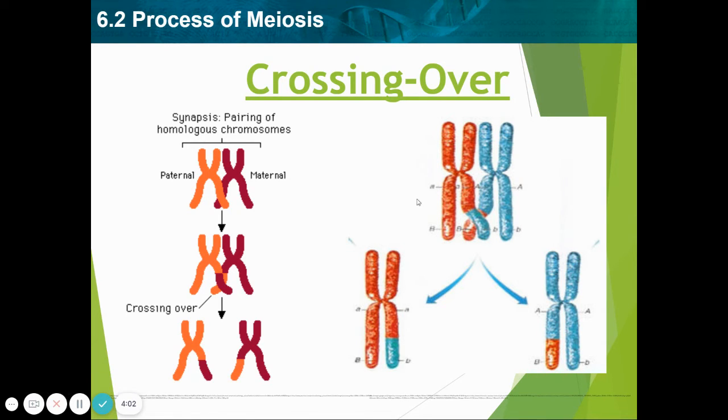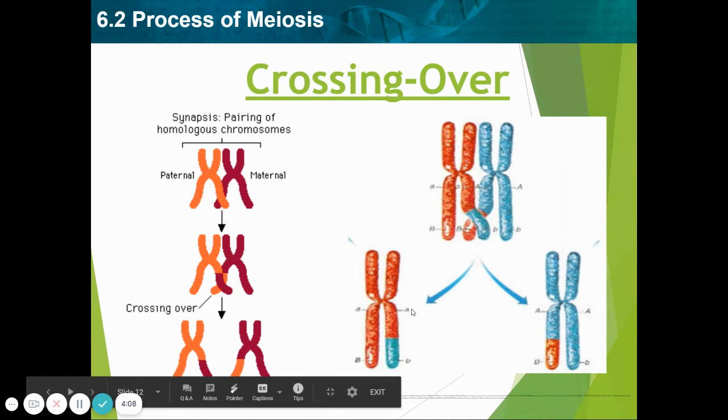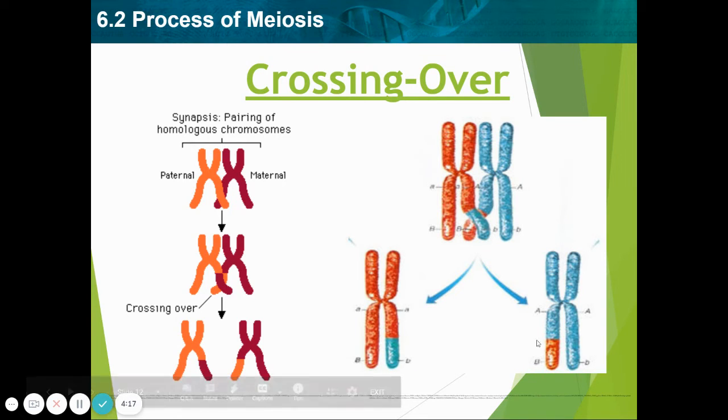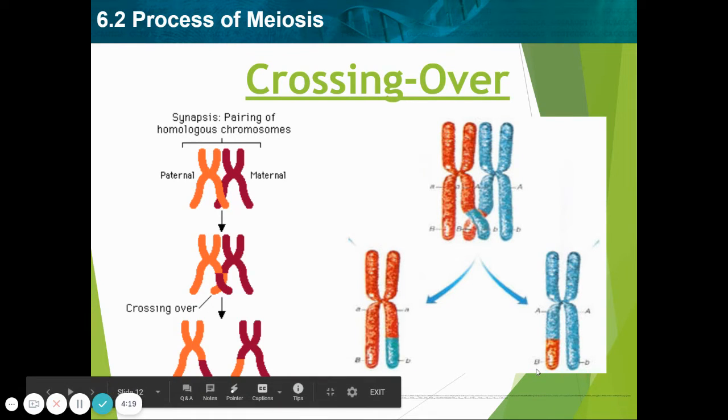Whereas before this red chromosome had little a's and big B's, now this particular section has little a's and little b's. This blue one was big A, little b, but now it has big A, big B. And what that does is create genetic diversity.